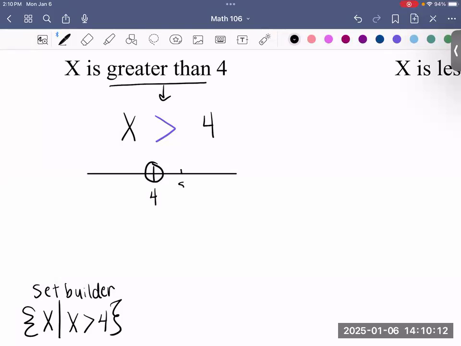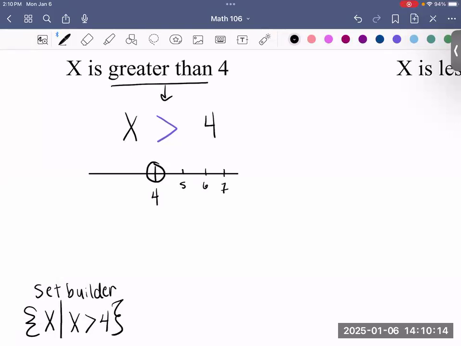That would be 5, 6, 7. We're going off towards positive infinity, so when I shade or highlight, I'm shading towards the right-hand side. I may have said left a second ago. Don't know why I get my lefts and rights confused. We're going towards the right-hand side, towards positive infinity.